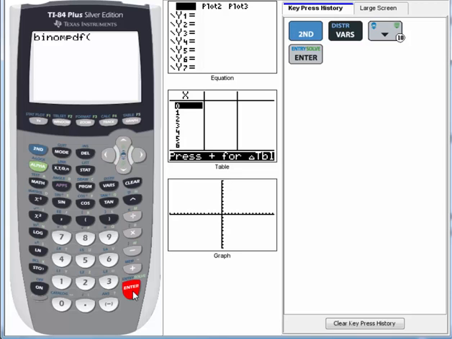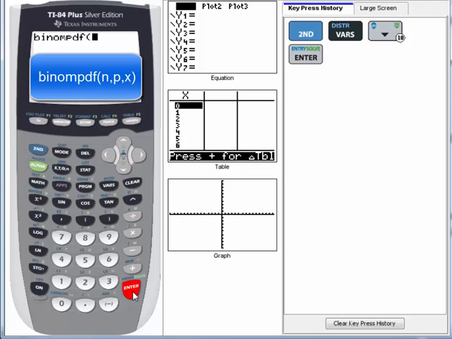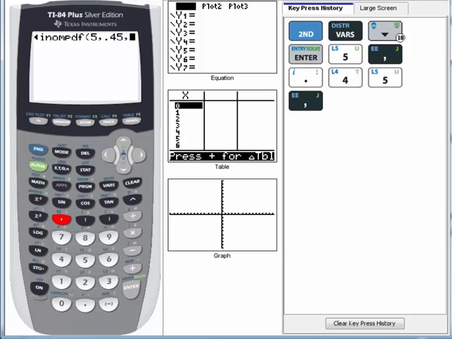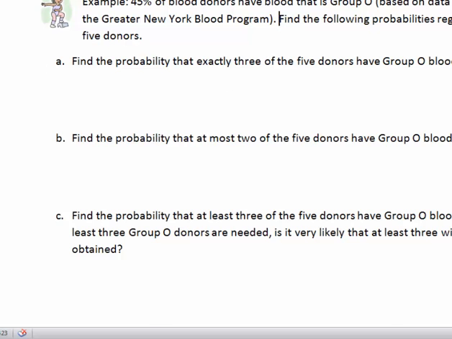And the syntax for this function is n, p, x, where n is the number of trials, p is the probability of success, and x is the exact number of successes. So in our problem, n was 5, p is 0.45, and x is 3.